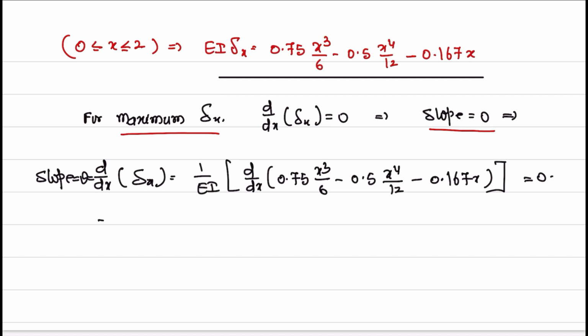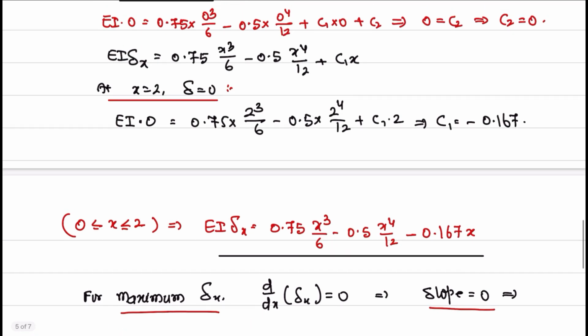Then d by dx of 0.75 x cube by 6 gives 0.75 x square by 2 minus 0.5 x cube by 3 minus 0.167.